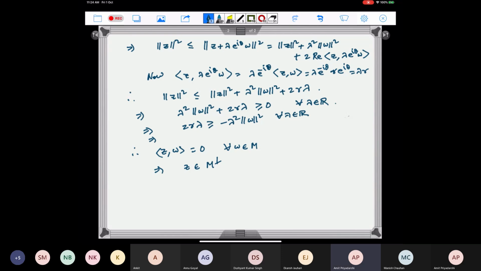and this implies, if I divide by lambda, if lambda is negative, then the inequality will change and we get 2r is less than or equal to minus lambda times norm w squared for all negative lambda. Is it true?